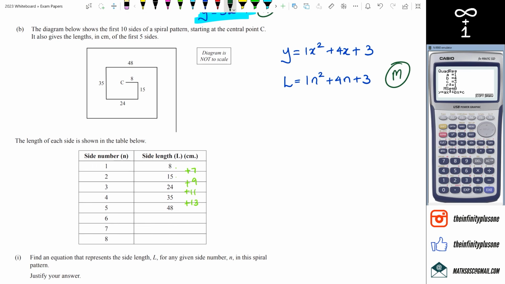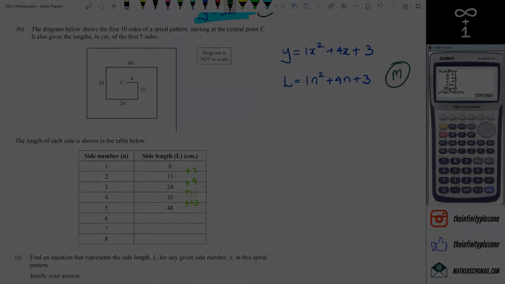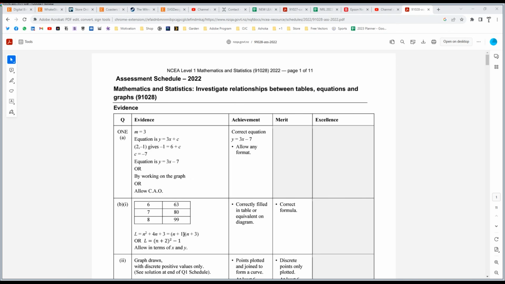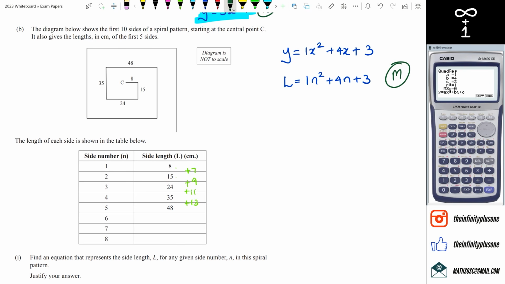It doesn't say anything about correct answer only, because if I have a look at it here, they've left the rest of these parts empty, but I guess you could have filled it up. And then it does say that the equation is either this or this, allow in terms of x and y, which actually gives you a merit.